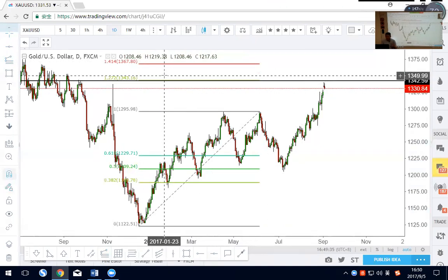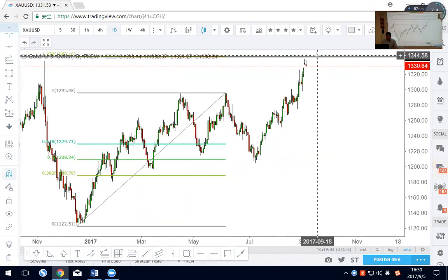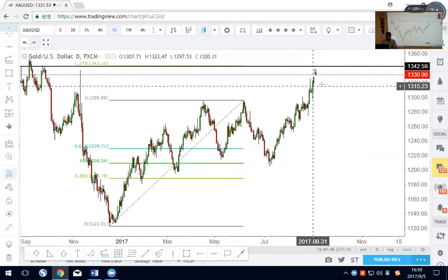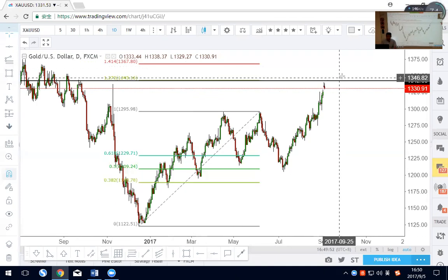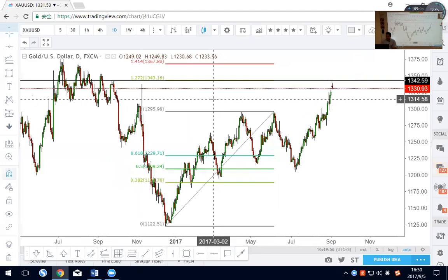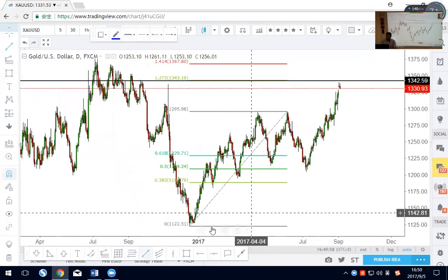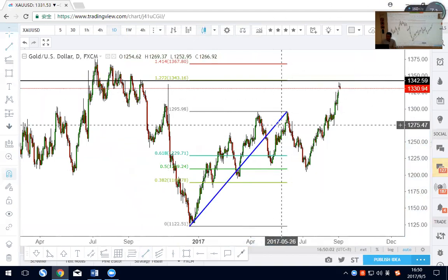But I will take notice that when the gold reaches 1343, this 1.272 extension, the buyers are likely to take profit. So if you have a long position, I'm going to take profit up here. I'm going to take some profit at 1343 and even at 1367. And you need to understand that there's a possibility for the gold to make an ABCD move, right?